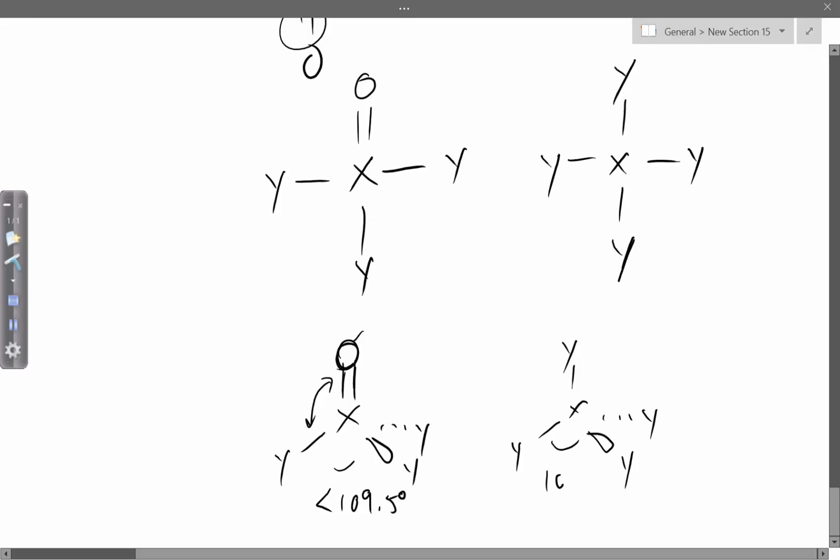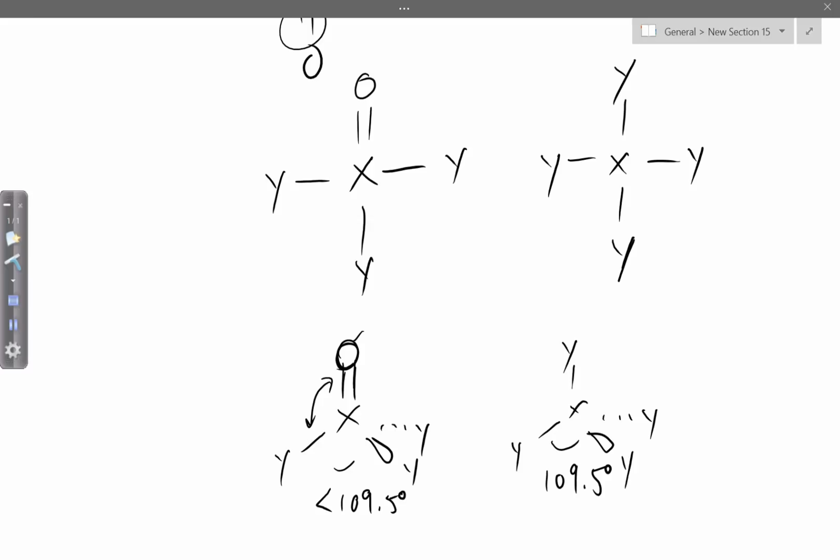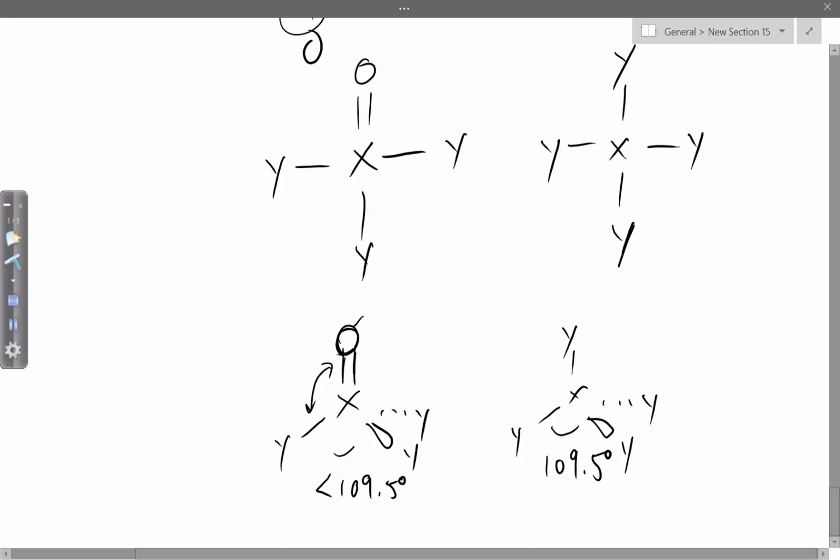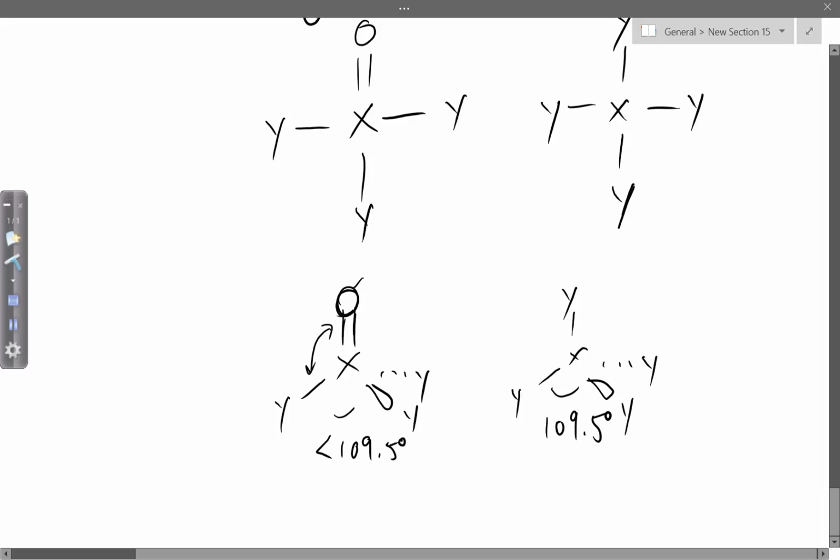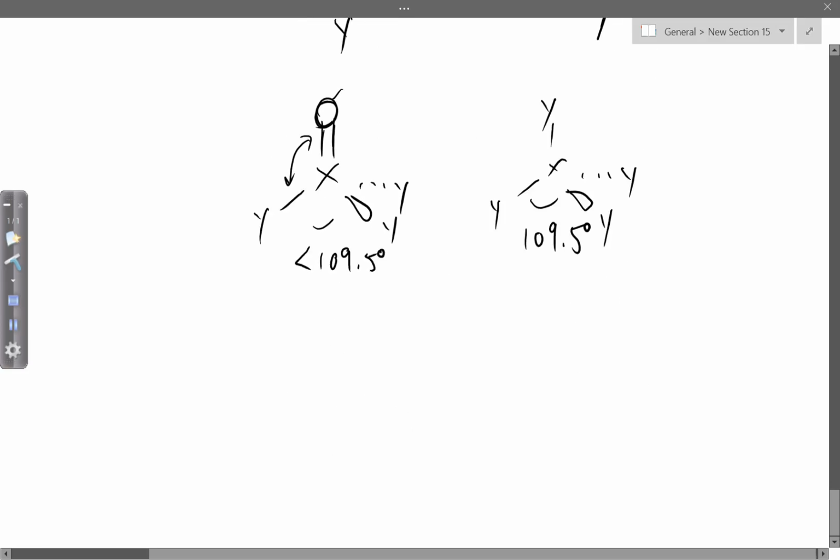Well, for this one it is 109.5. There's nothing to do with electronegativity. Of course there are other interesting examples, but I'll just talk about this. So this is how you can predict the shape of molecules. Always apply these steps if you want to get it correct.